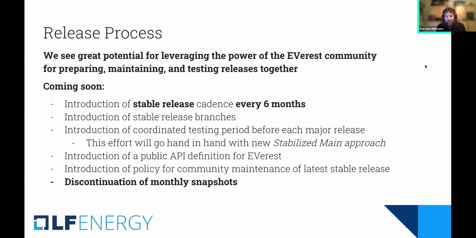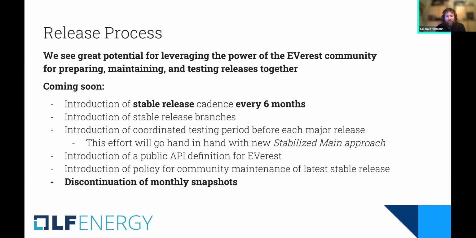And we also will do some more continuous testing as well, which we call this new stabilized main approach, which basically will help to make the whole project run a lot smoother than it already is in the future.